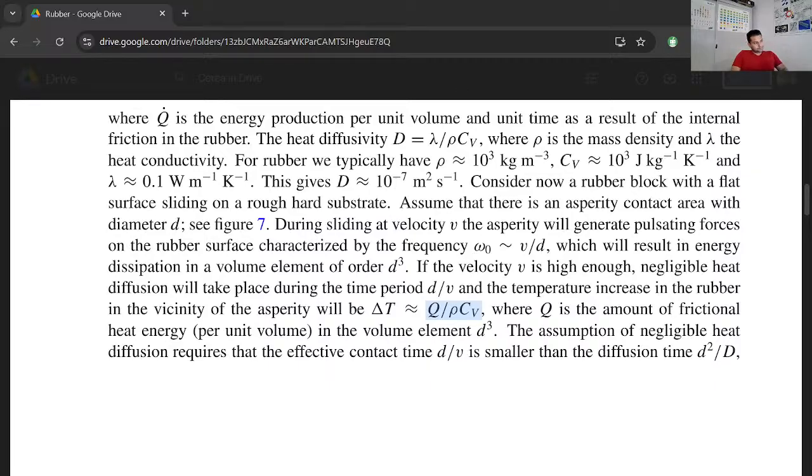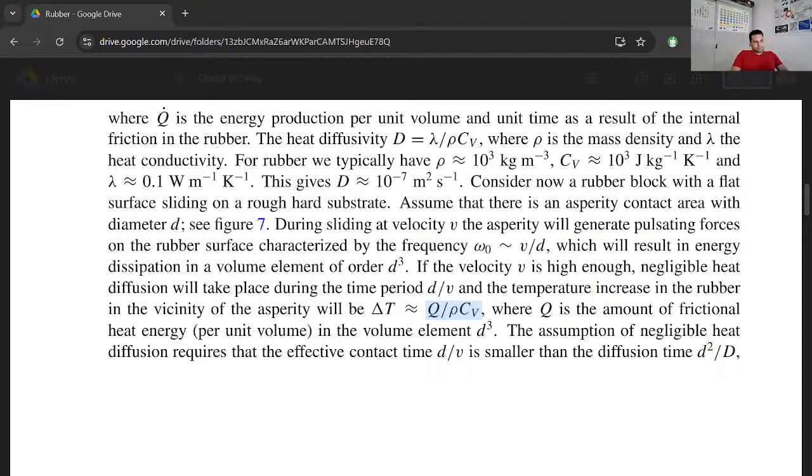For simplicity. So, rubber friction is described by a multi-scale approach in the theory of Persson.